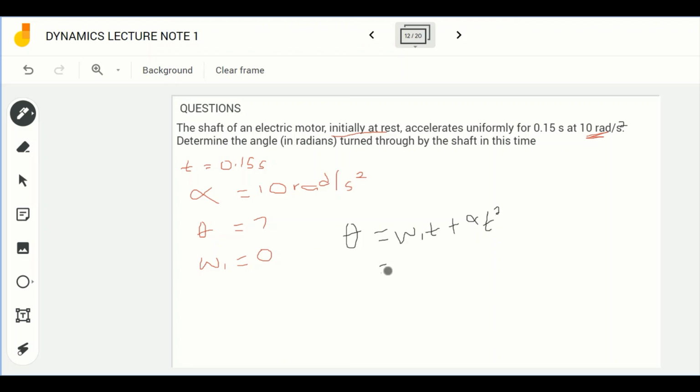T is 0.15, plus my angular acceleration, which is 10, times t, where t is 0.15 squared.